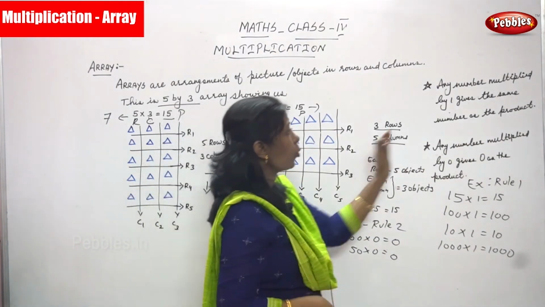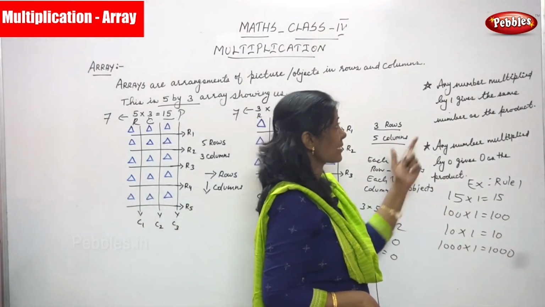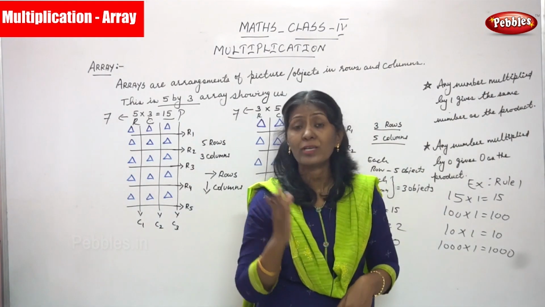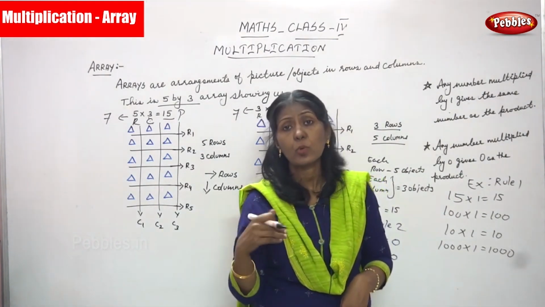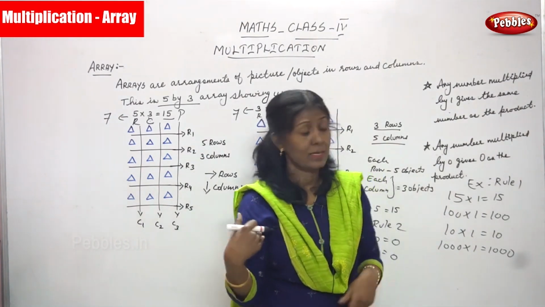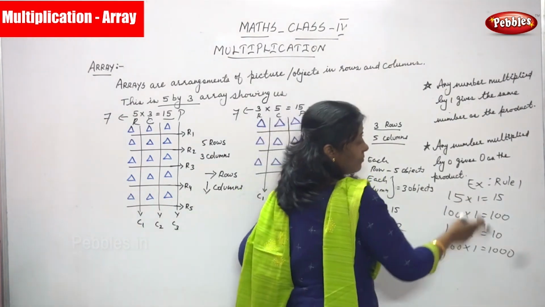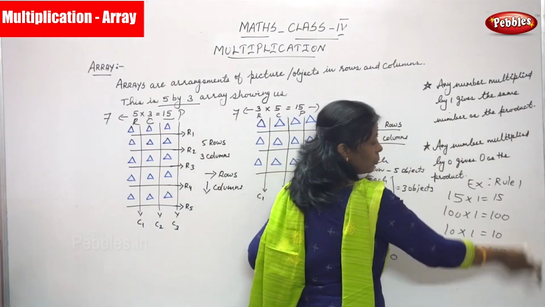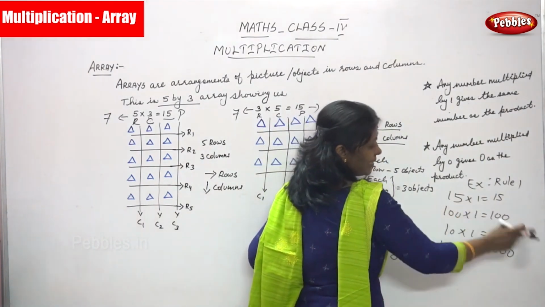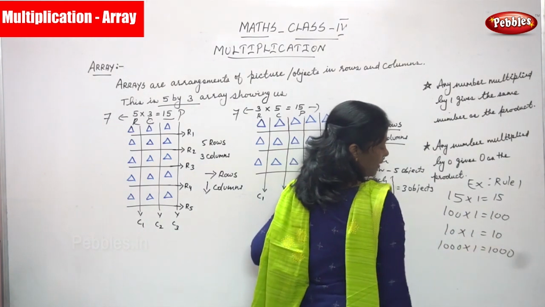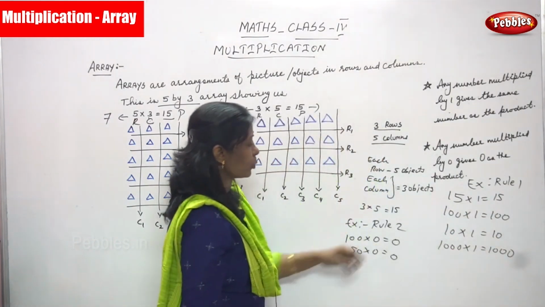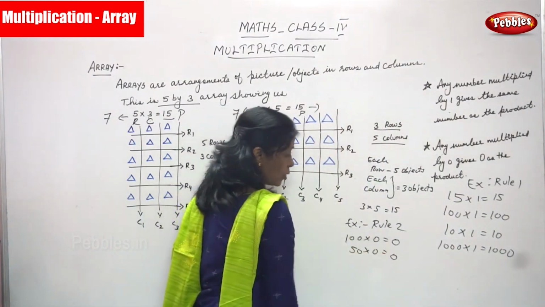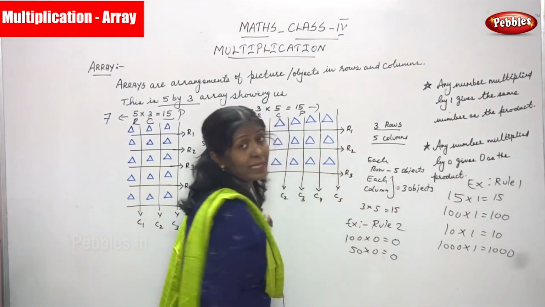And after that, rule number 1 and rule number 2: any number multiplied by 1 you can get the same number as a product, and any number multiplied by 0 you can get 0 as a product. Examples of rule 1: 15 into 1 is 15, 100 into 1 is 100, 10 into 1 is 10, and 1000 into 1 is 1000. Examples of rule 2: 100 into 0 is 0, and 50 into 0 is 0.